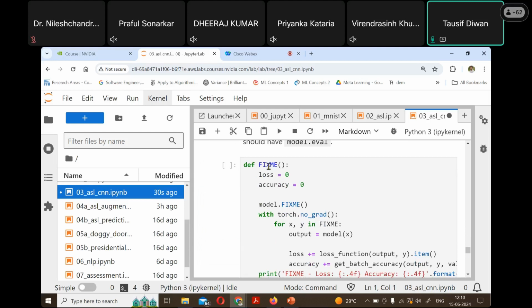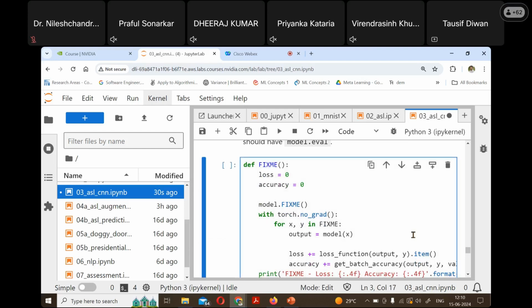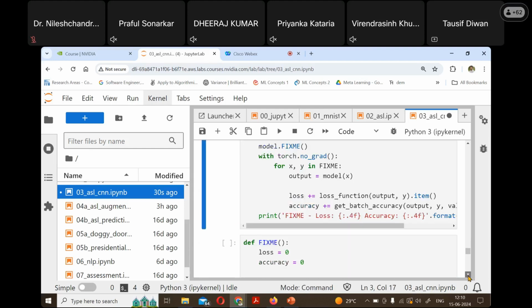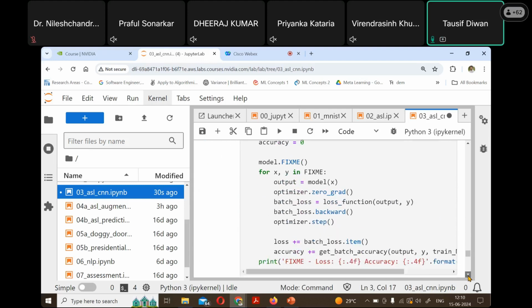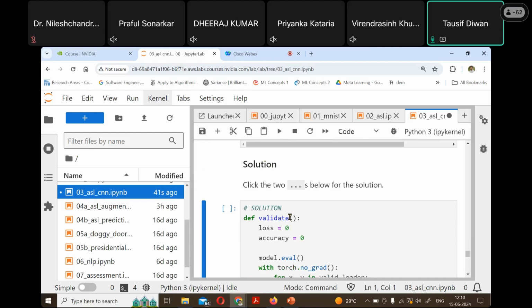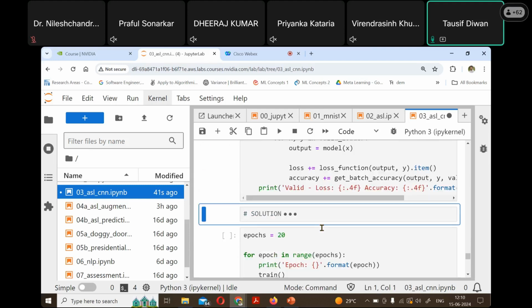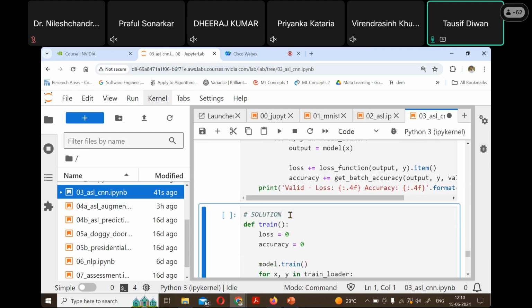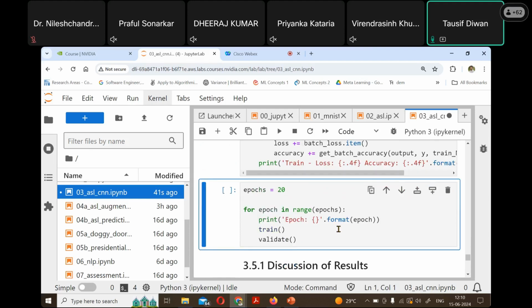See here, this fix me should be written over here. Then this is the second function. You can see the solution also here. This is the first one, validate. Then this is my second one. This is train. Just run this for 20 epochs.